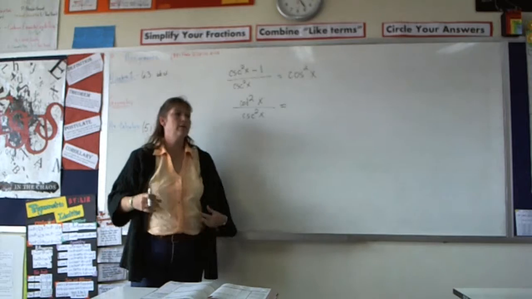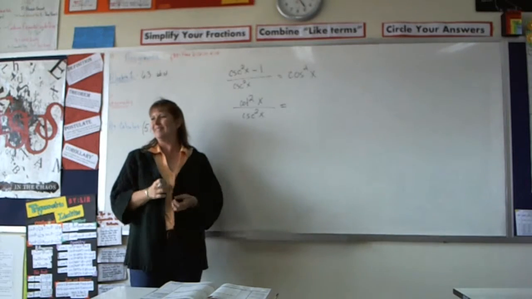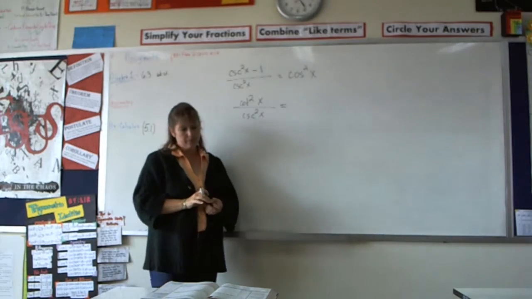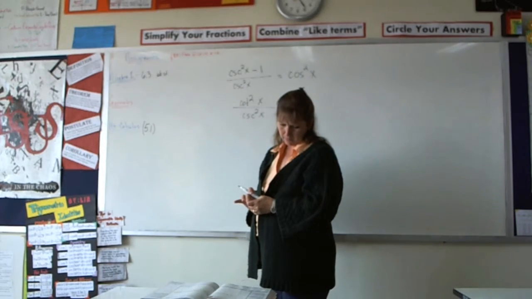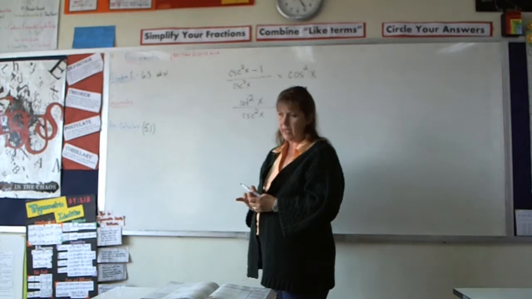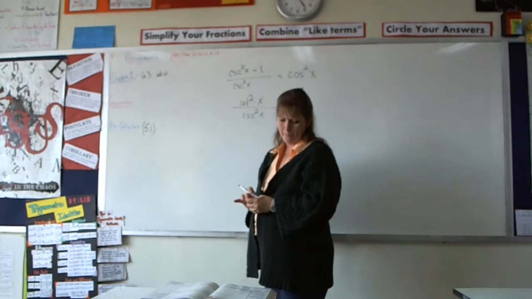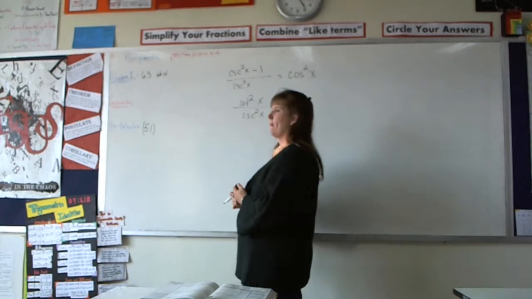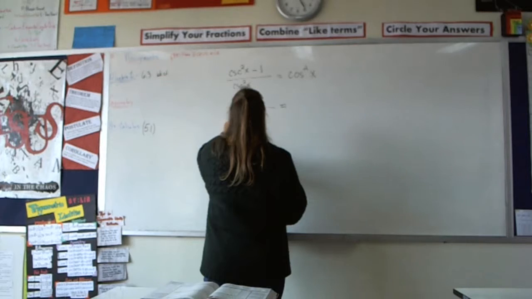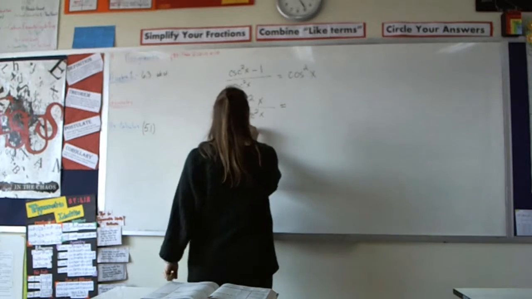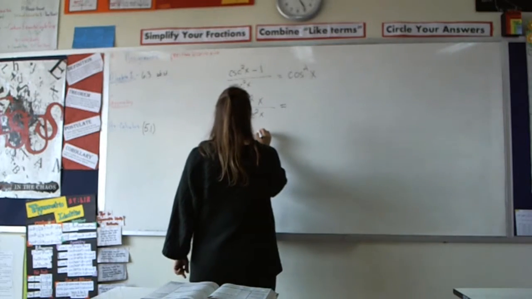Okay, let's substitute now. I gave you a hint. Cosecant x is the same as 1 over sine. So this is over 1 over sine squared, right? Here this is cosine.